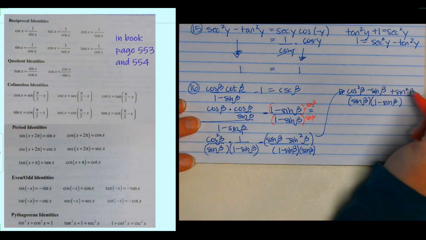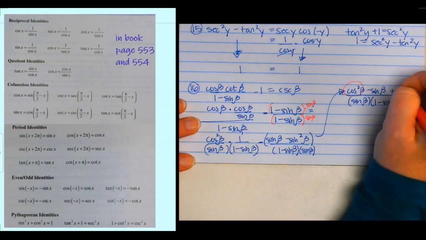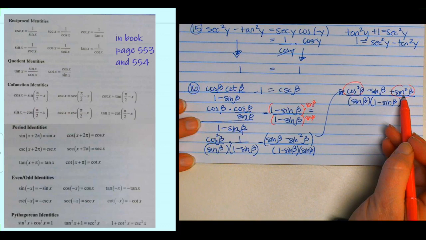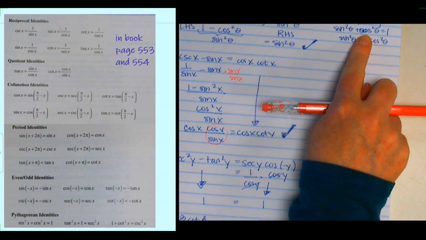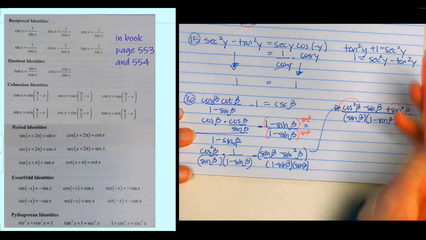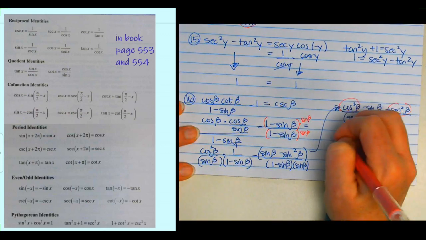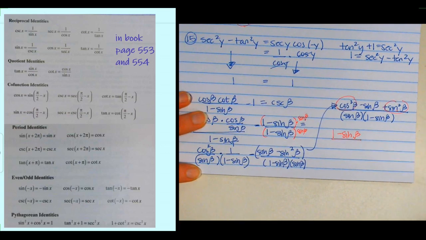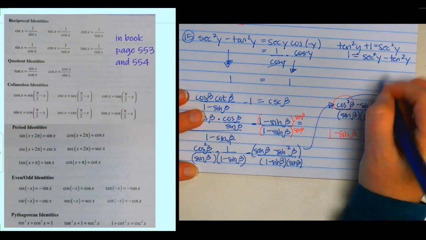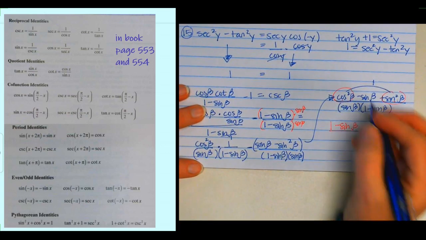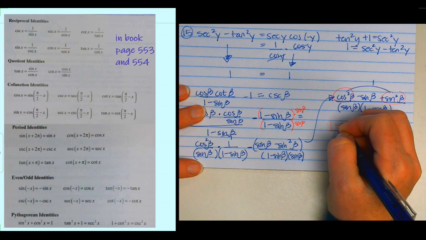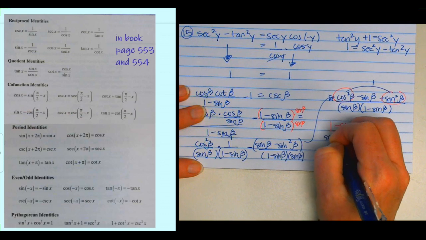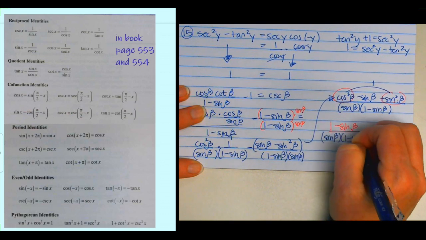Well, they are not together, but if I rearrange them so it says cosine squared beta plus sine squared beta, they are equal to 1. So these two together make 1 minus sine of beta over sine of beta times 1 minus sine of beta.